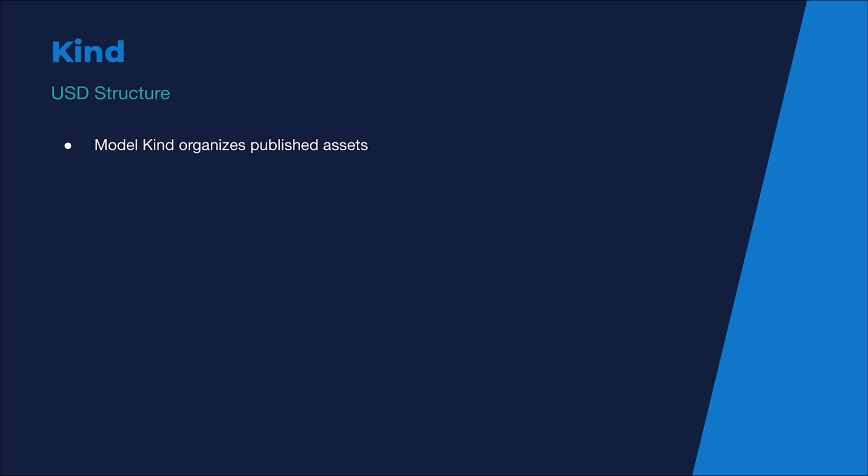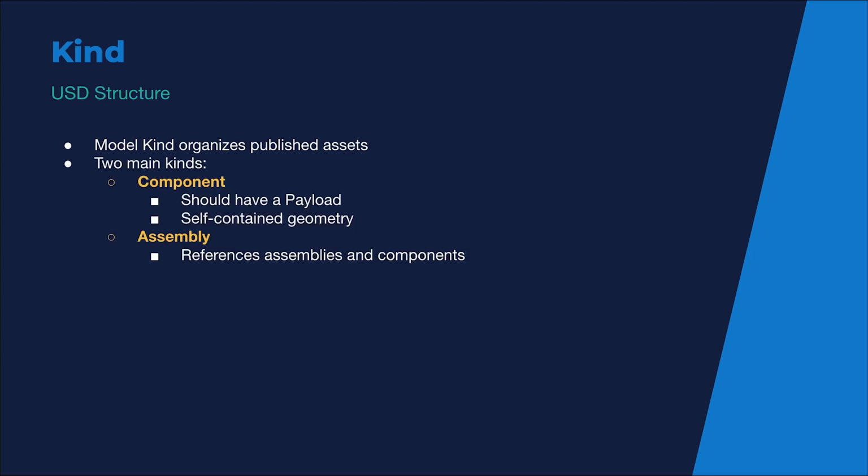We used USD kind metadata extensively to organize our assets. This let us leverage some USD features, but a big win was that it was similar enough to previous and existing organization of our assets and how asset departments were used to working that it was a really nice part of the new pipeline. So the two main kinds that we had were components and assemblies. We defined components as having a payload and that they had self-contained geometry.